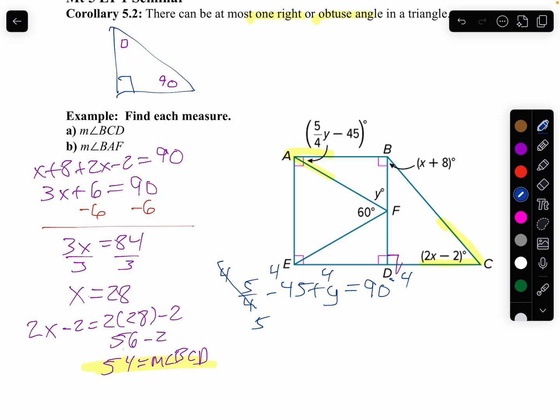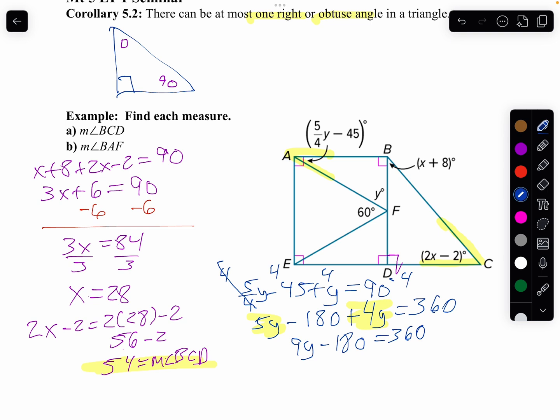So I get 5y. Forgot my y there, didn't I? 5y minus 45 times 4 is 180, plus 4y. And 90 times 4 is 360. Well, then I can combine my like terms. 5y plus 4y, well, that'll give me 9y, minus 180 equals 360.